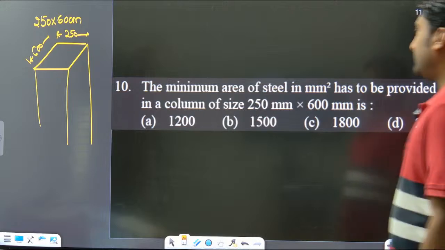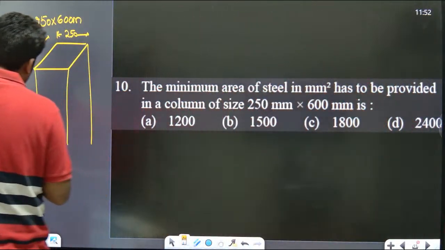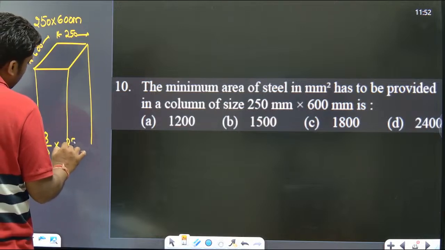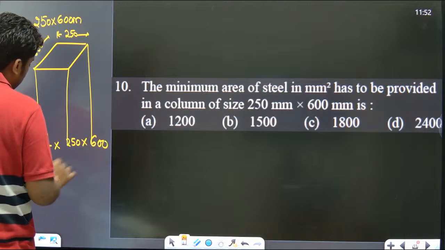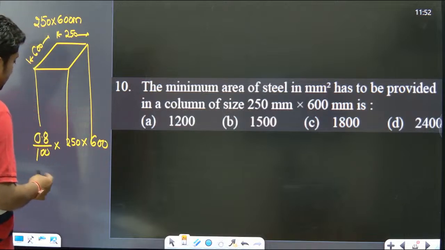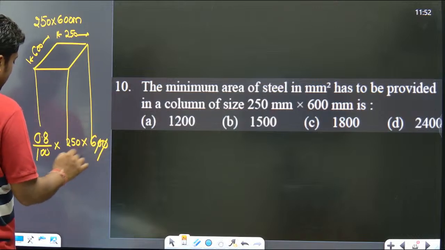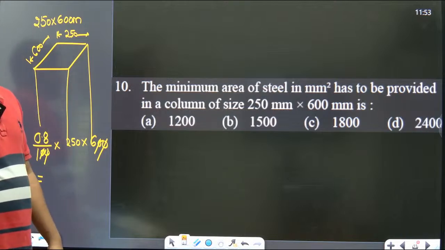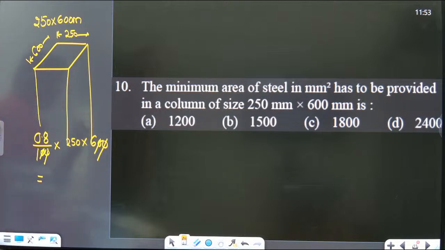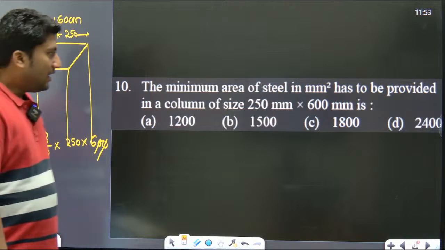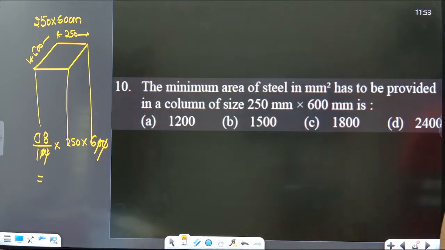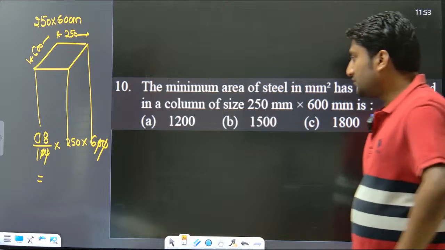Just now we have seen the minimum area of steel is 0.8% of the gross cross section area. The gross area is 250 into 600. You can see very carefully that two zeros are cancelled out, and 250 into 4 is 1000, leaving 1500 into 0.8.